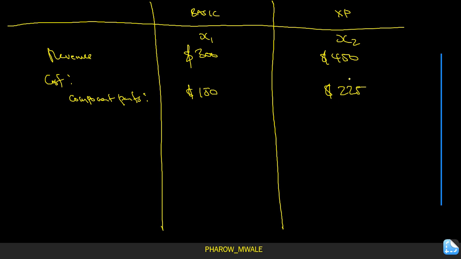Now this is the first cost that we have. They have told us also that labor is required for assembly and testing. There are at most 10,000 assembly hours and 3,000 testing hours.